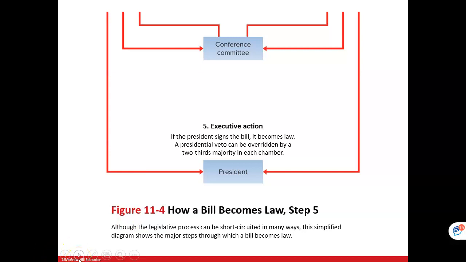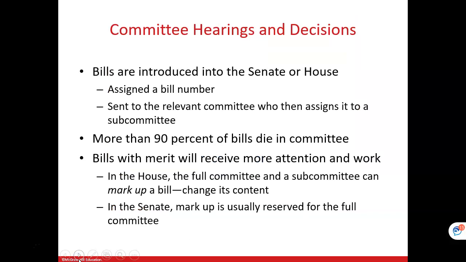The question deals heavily with the 5 steps. So committees, when they get the bills, they are going to decide whether or not they are going to address it. 90% of bills die in committee. They just never look at it. They never do anything with it.